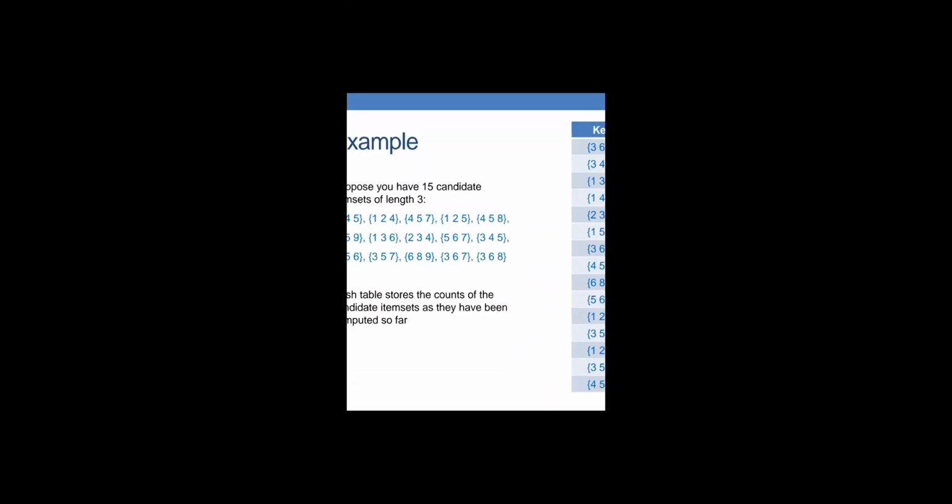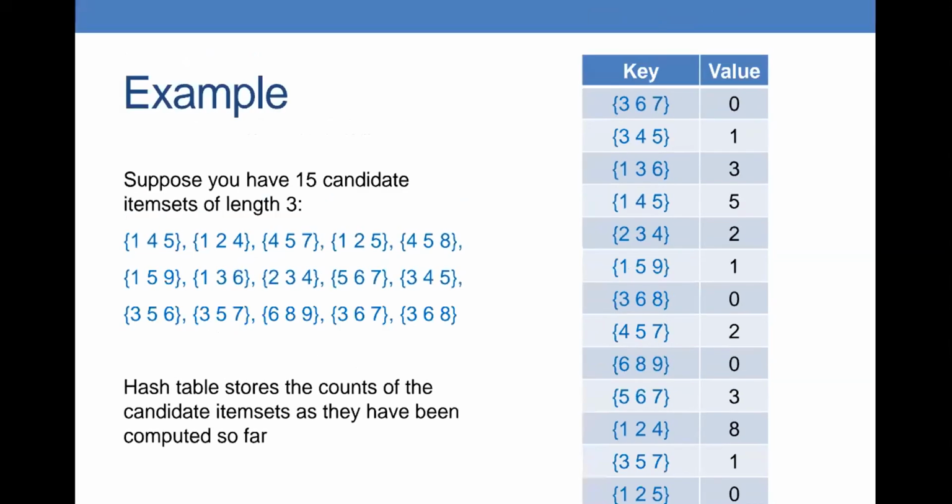See here the item sets. This is the example. See here, this is the key and value: 367 is the key, and the value is 0, 3, 4, 5, 1. So here we have a total of 15 candidate item sets with a length of 3.